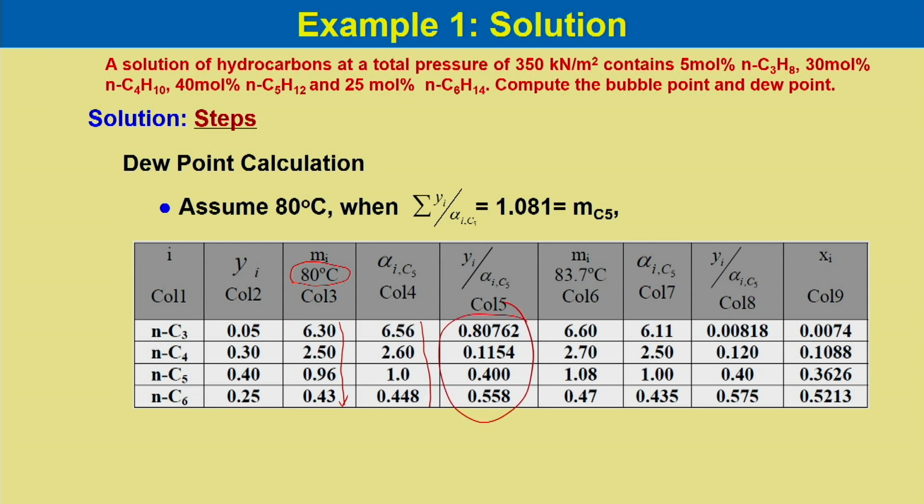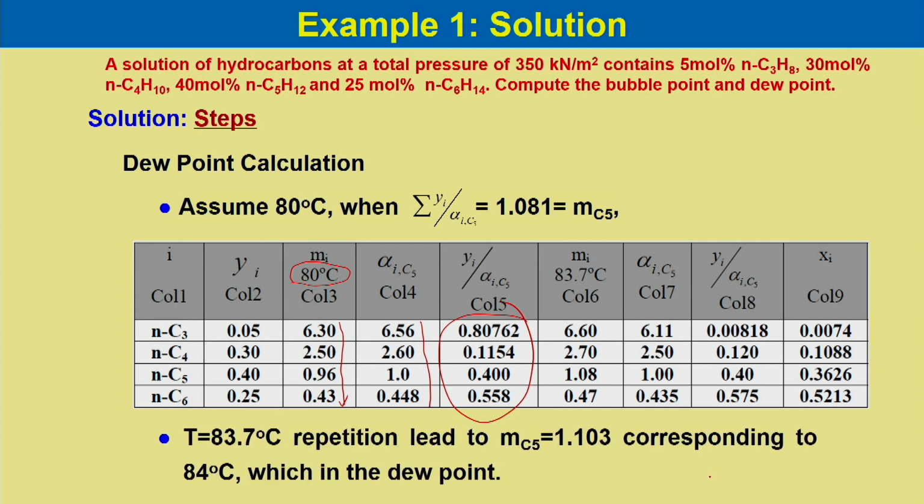Once this is obtained, we can see the temperature is 83.7, which is obtained corresponding to the value of 1.081, shown over here.